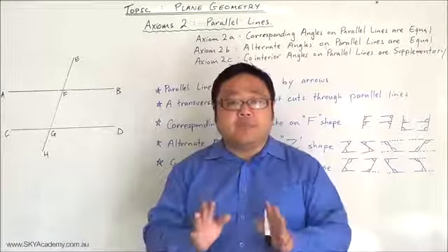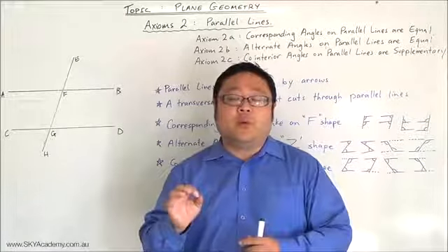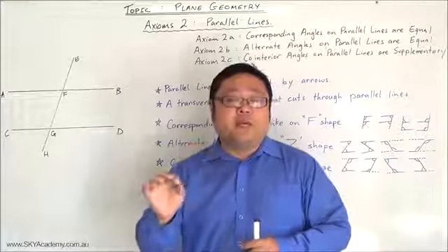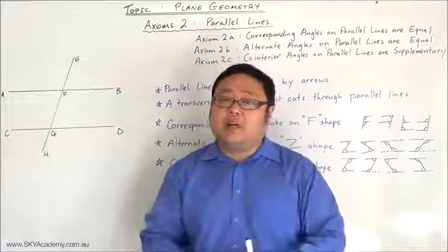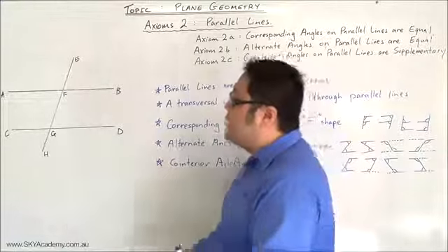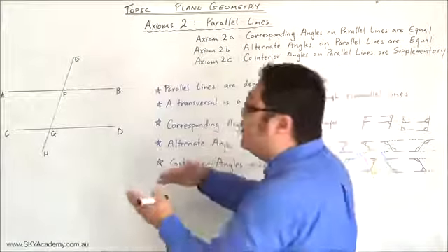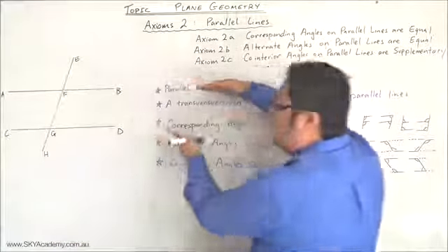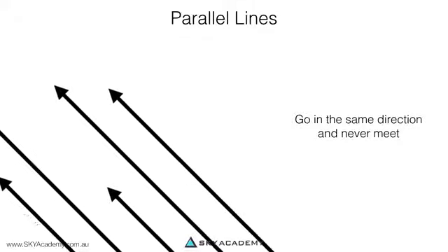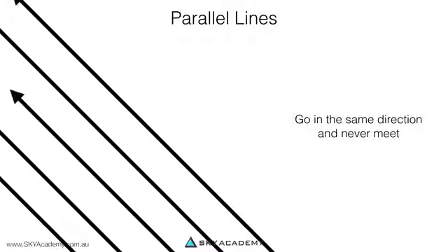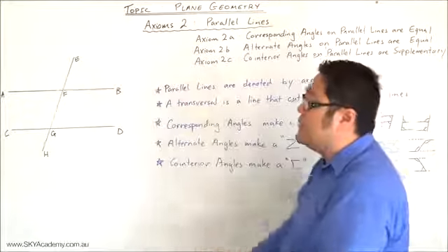And in this particular episode, we'll be continuing the work we've been doing on plane geometry, and we'll be looking specifically at what happens on parallel lines. Now, parallel lines are lines that go in the same direction, and they go continuously in the same direction, and they won't cross each other because they do go in the same direction.